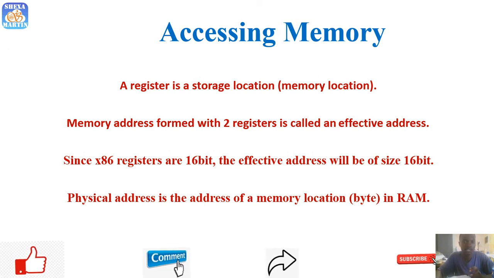Since x86 registers are 16-bit, the effective address will be of size 16-bit. A physical address is the address of a memory location that is in RAM. This is very important. We want to look at how one can access a memory location that is in RAM, and the locations are in sizes of bytes.